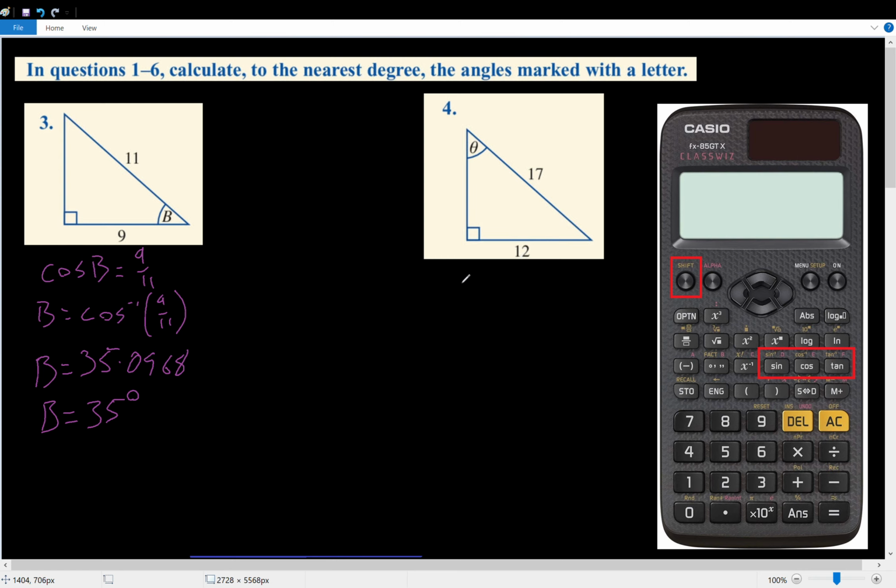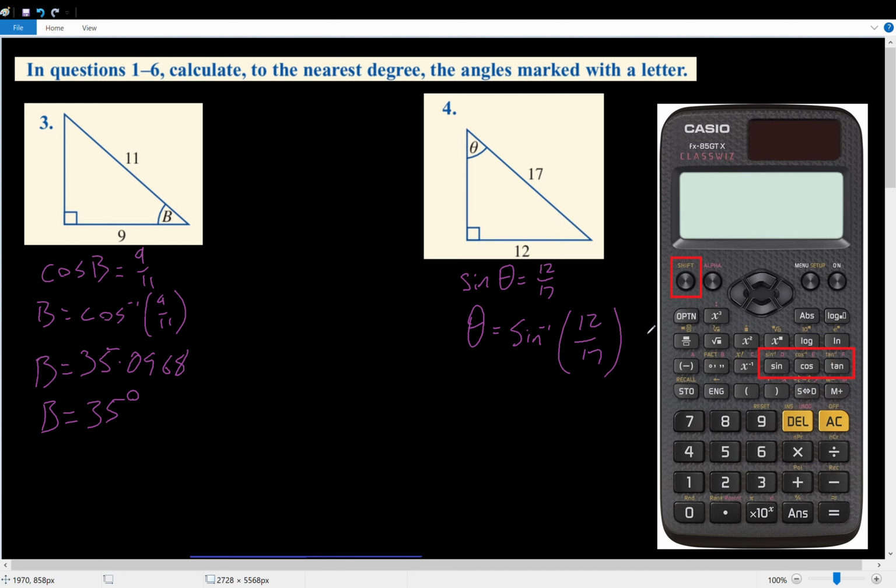Which means that this time we can say that the sine of the angle is equal to 12 over 17, opposite over hypotenuse. And that means that the angle theta is equal to sine inverse of 12 over 17.